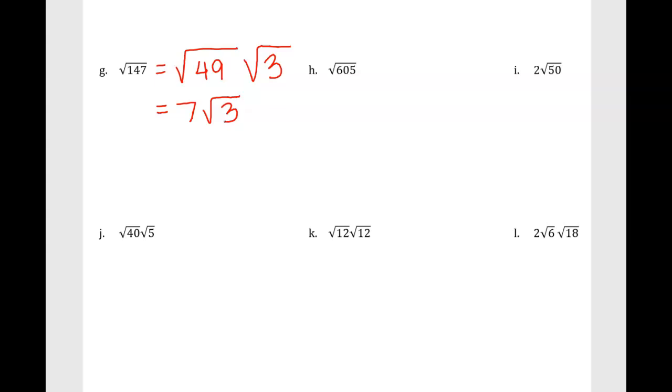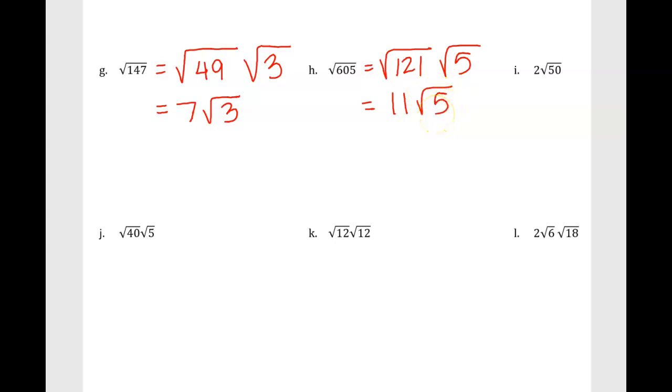121. What's 121? A perfect square. I'll quite get 11. Yes. So the square root of 605 then becomes 11 square roots of 5.